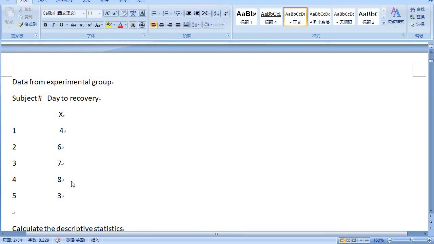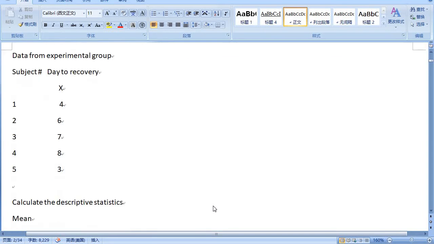Even in the medication group, you have somebody who takes 8 days to recover. So the individual data might give you a sense, but the individual differences, individual variability gets in the way. It doesn't give you a clear idea of what the average difference is between the two groups.